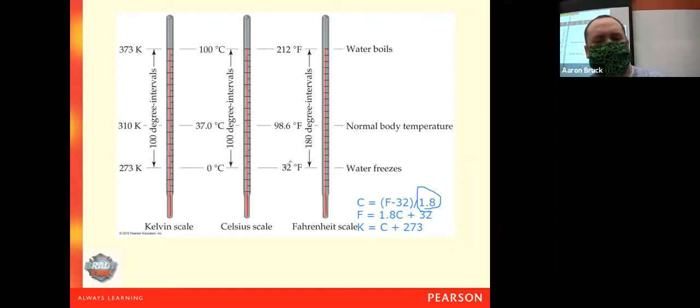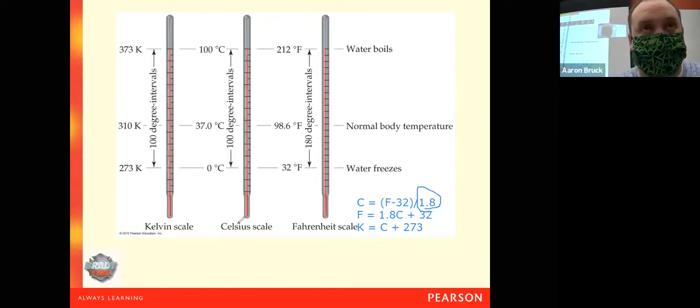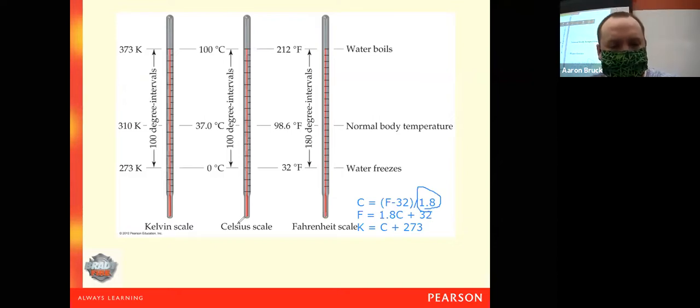And if we take that 1.8 degrees per 1 degree Celsius, we would get that instead of 100 degrees between freezing and boiling, we get 180 degrees between freezing and boiling. And so that's where that 1.8 comes from. So thank you, Kiara. We don't want anybody getting the wrong answers on the quizzes.